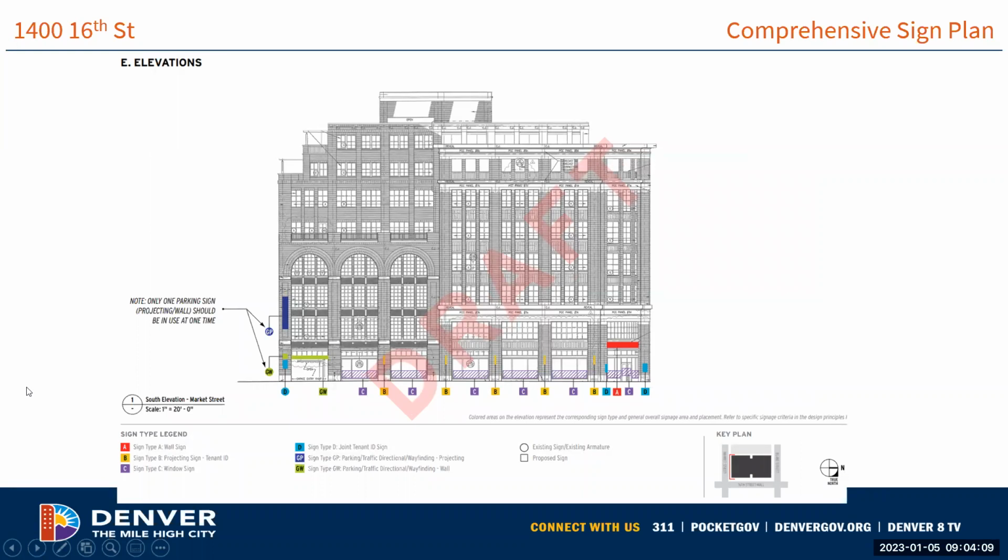And this is the Market Street elevation, which has that one existing projecting parking sign above the ground level. It's noted as GP in dark blue. You can also find the wall, projecting, window, and other parking wayfinding signs being added in this location.